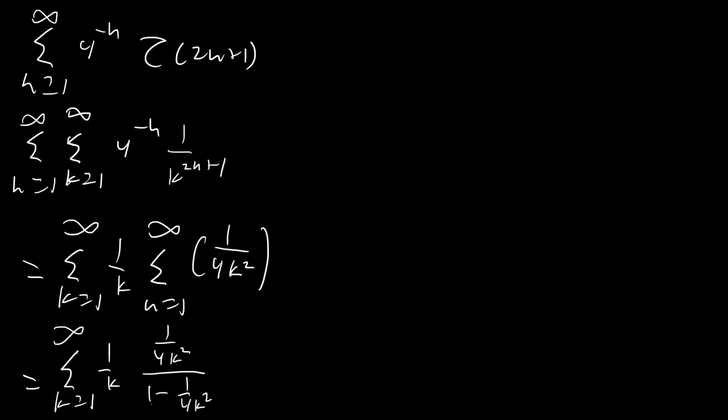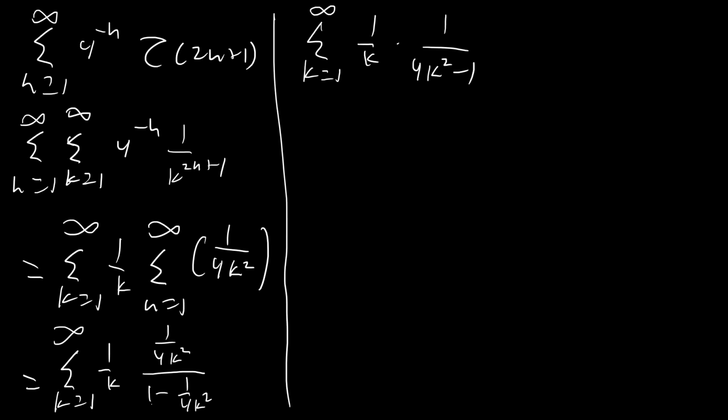If we go ahead and simplify this by multiplying by 4k squared on the top and bottom, and factor the whole bottom, we can write it as a really simple rational function as 1 over k, 2k minus 1, 2k plus 1. Then we're just going to do partial fractions, using the cover-up method, which is super easy to use. I'm just going to do that super quick and fast forward.